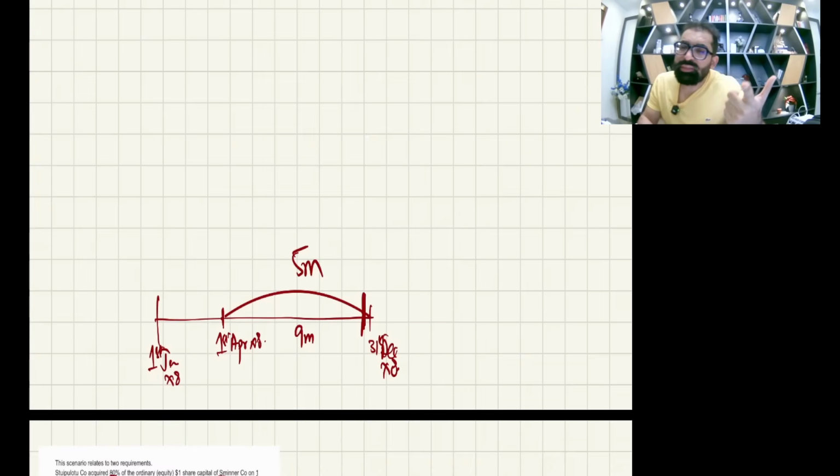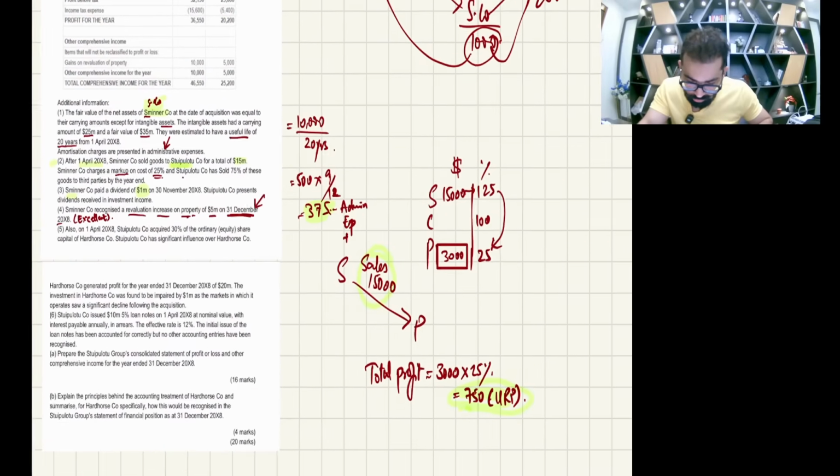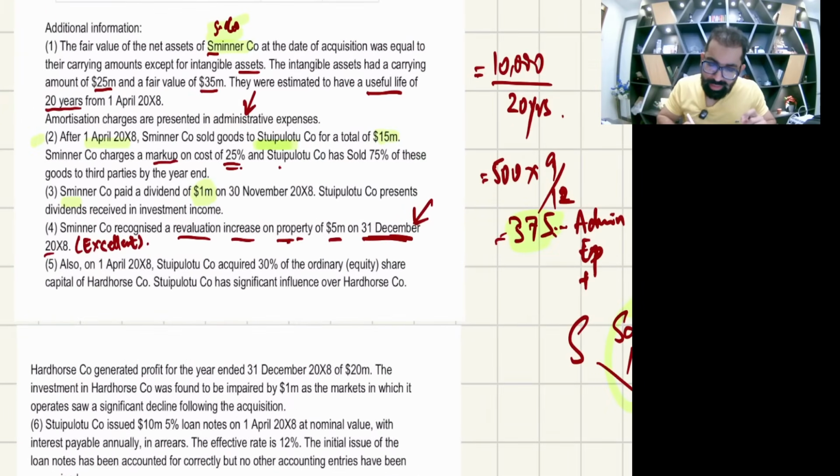So that's why the complete 5 million will be recorded as it is in the consolidated OCI. Definitely revaluation gains go in OCI. And as this is a subsidiary company, the subsidiary company revaluation reserve will go in consolidated OCI first, and then it will also go in the NCI calculation.